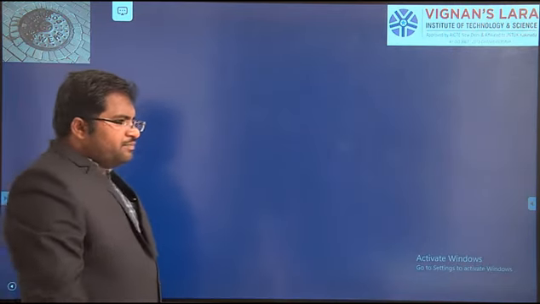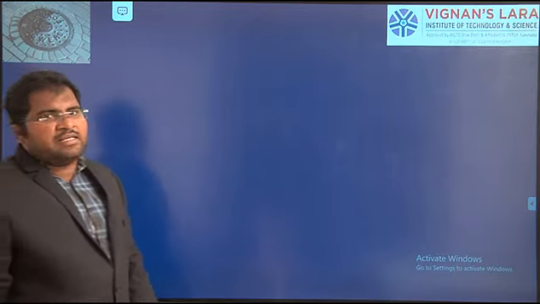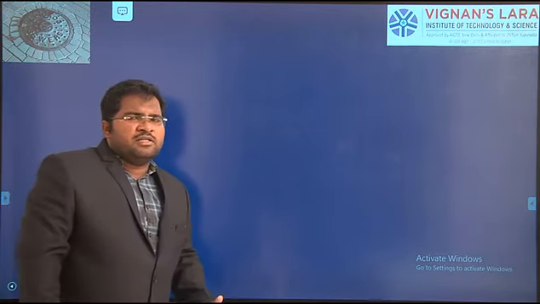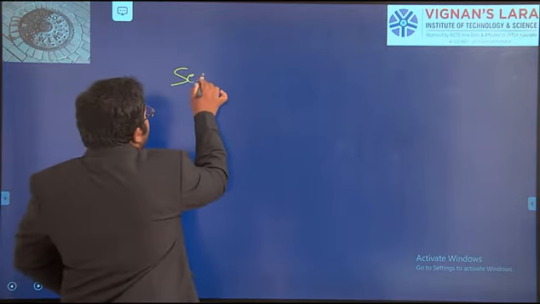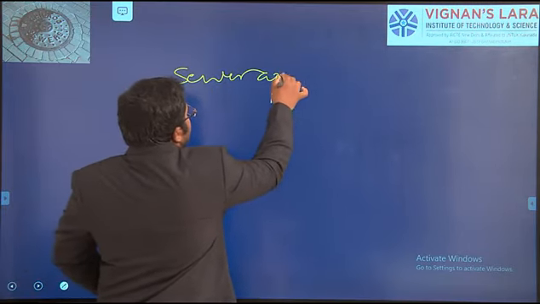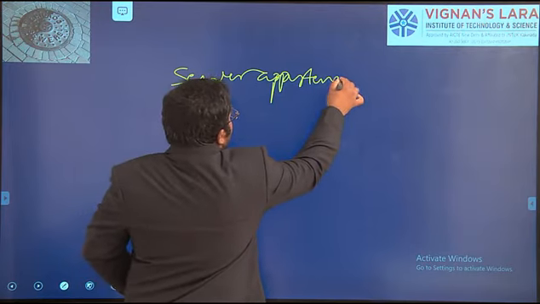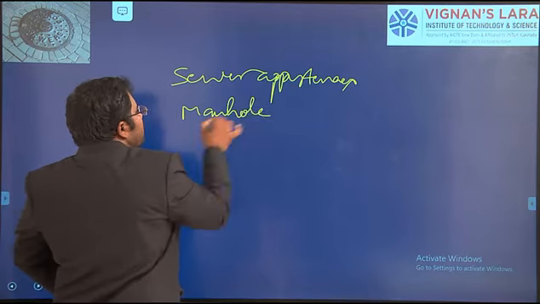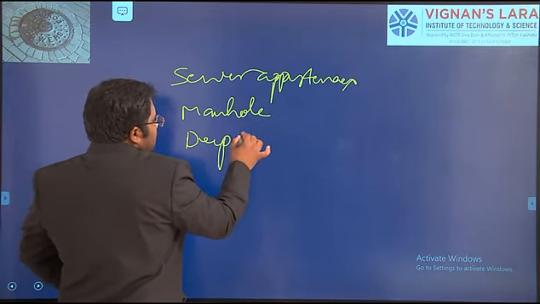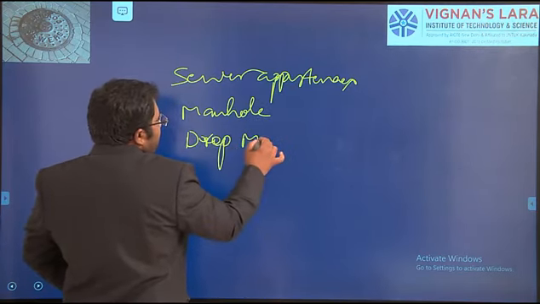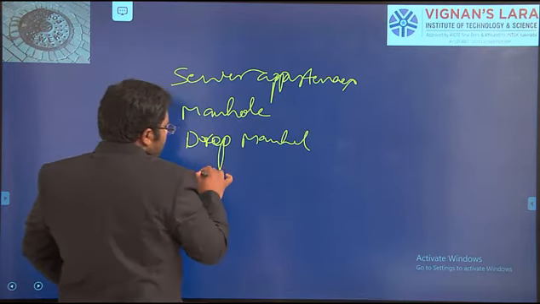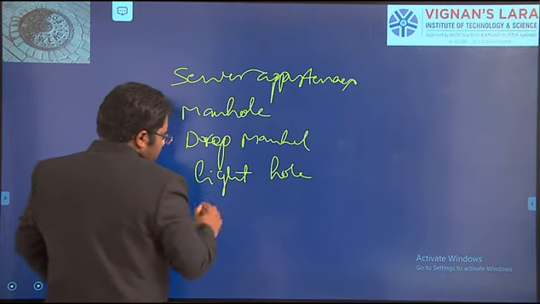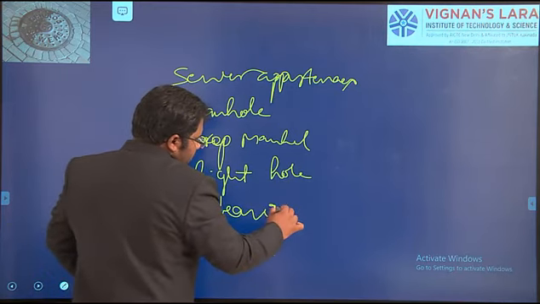Now I am going to conclude today's class. Here we discussed what is meant by appurtenances of sewer. Then we saw the manhole, drop manhole, lamp hole, and clean out.